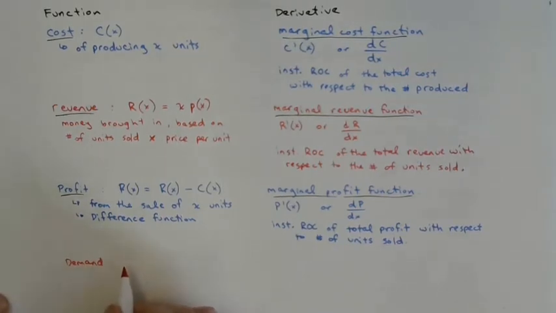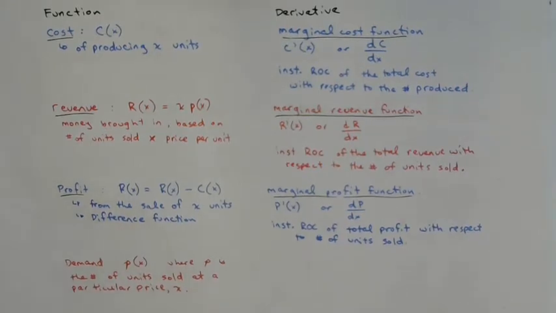Demand function is lowercase p of x, where p is the number of units sold at a particular price x.